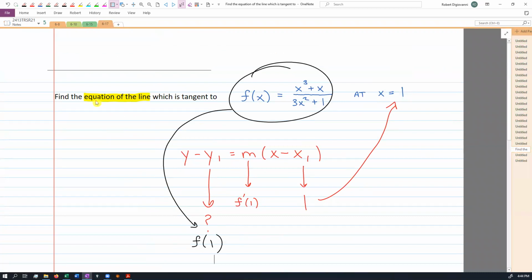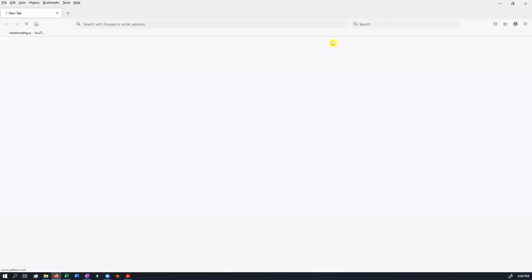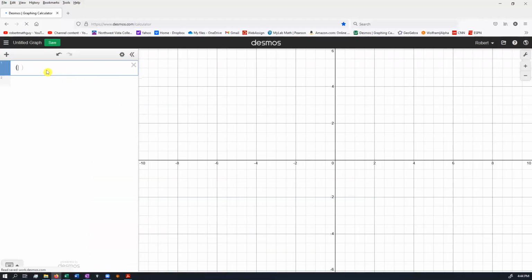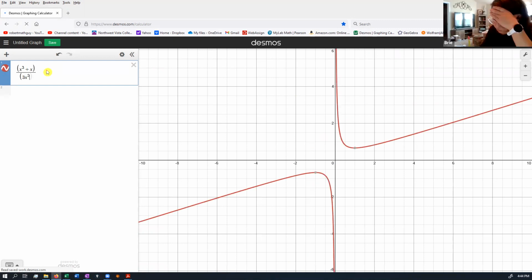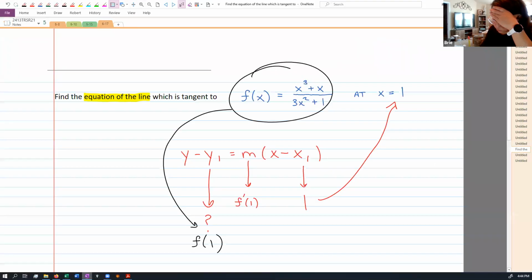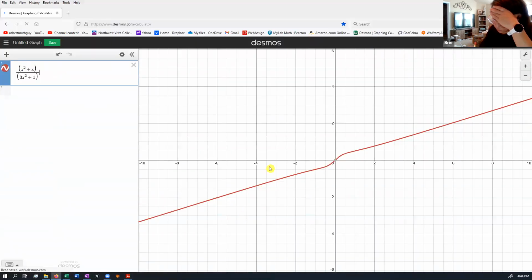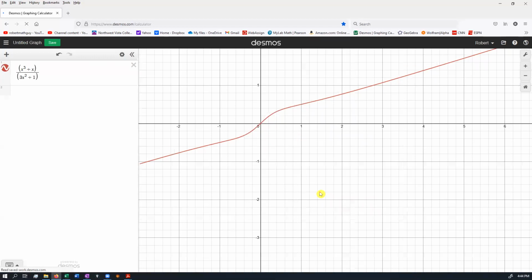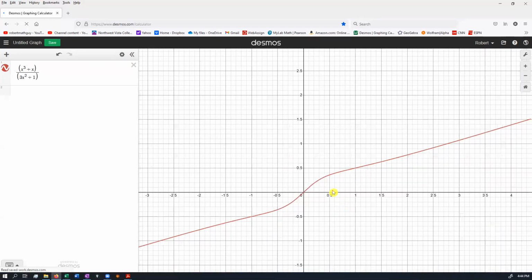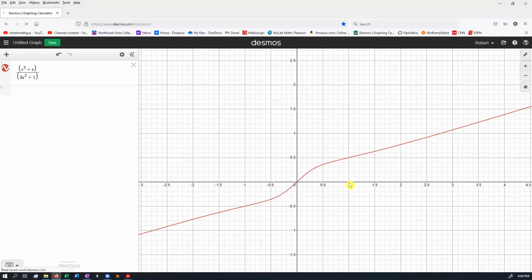Maybe I can illustrate it this way. Take x cubed plus x. Here's the graph we're looking at, and we want the slope of the tangent line at x equals 1.